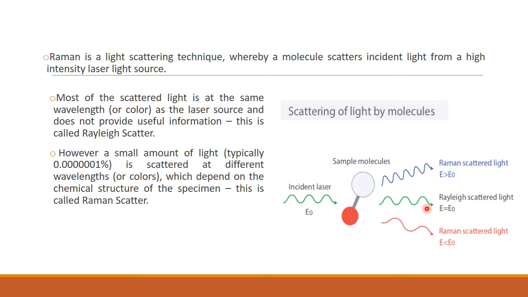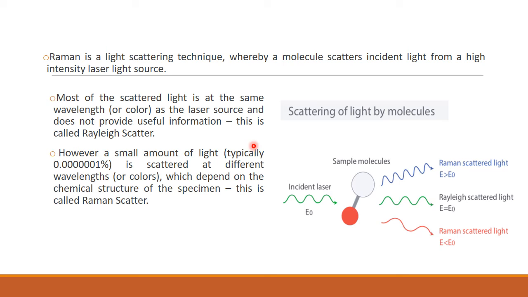Such scattered light is called Rayleigh scattered light. It is mainly due to the elastic scattering of the light. So incident light will be coming and interacting with the molecule, and you will have elastic scattering, due to which you will have Rayleigh scattering light.